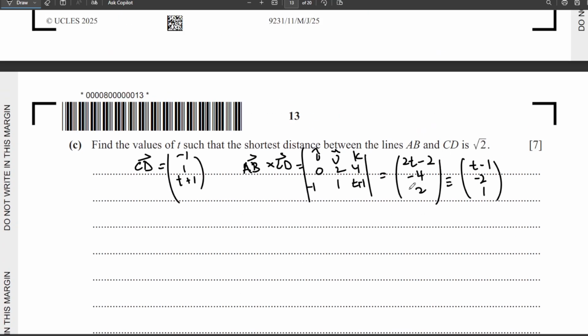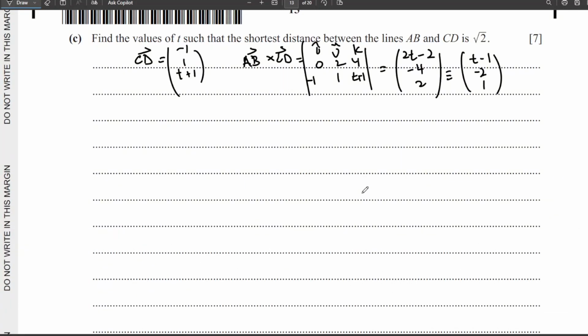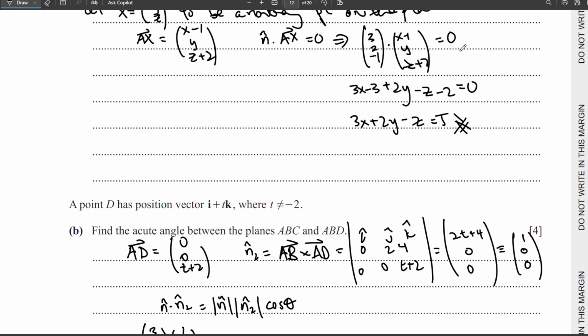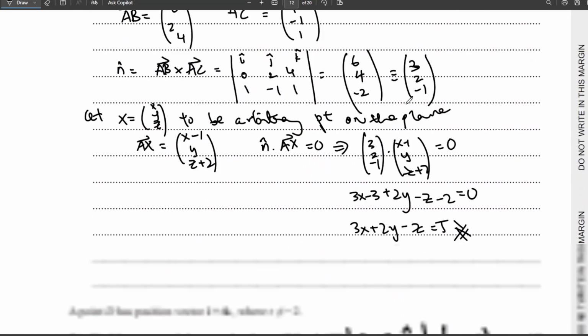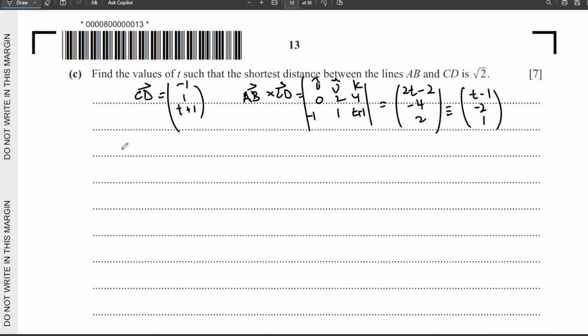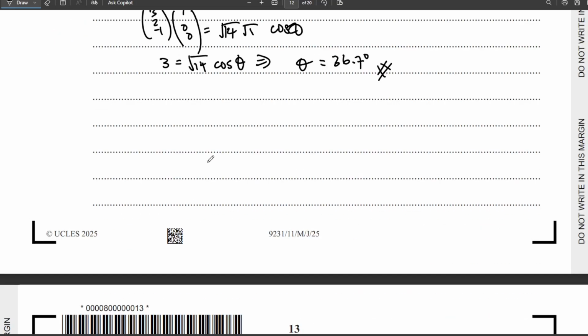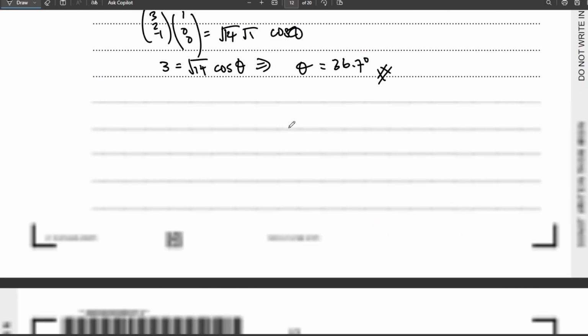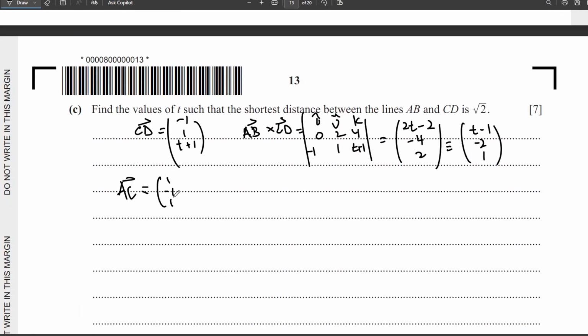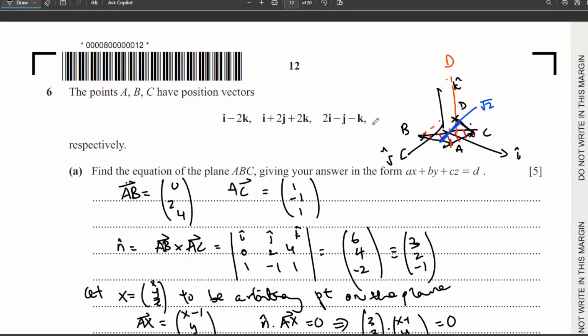And what we want to find again, now that we have the cross, we have the perpendicular already, so we want to find from A to C the direction, AC, which we already found previously. That is 1, -1, 1. So we have the perpendicular direction, and we also have the current direction, which is AC.